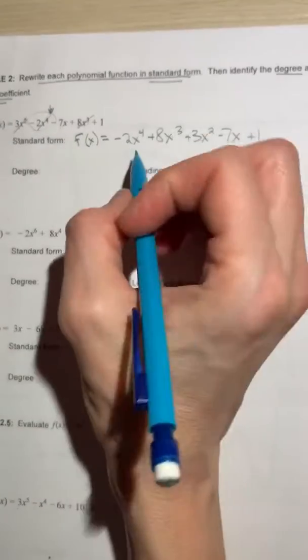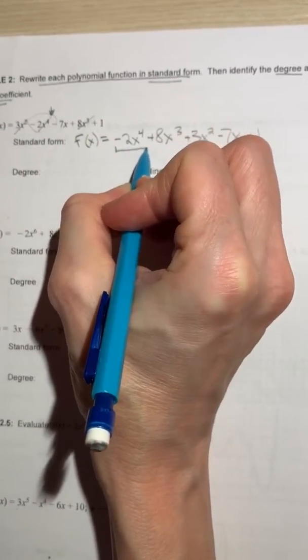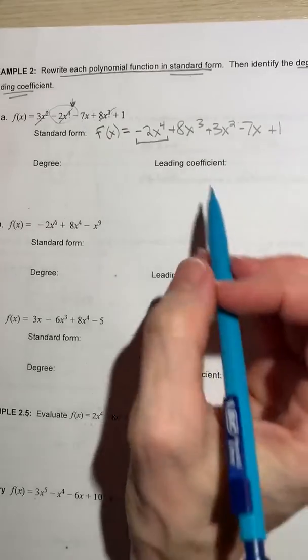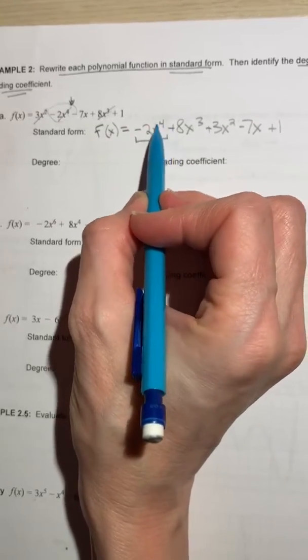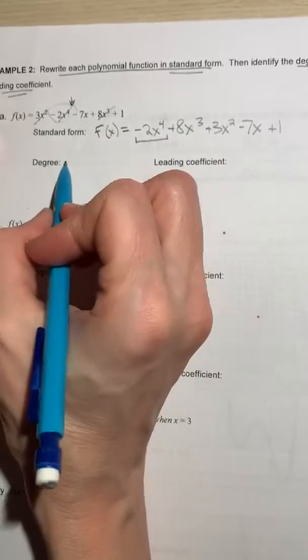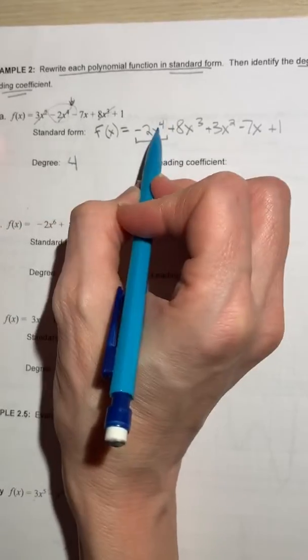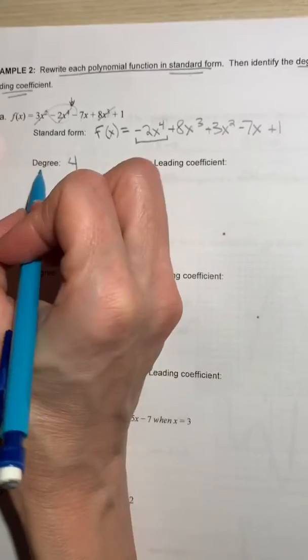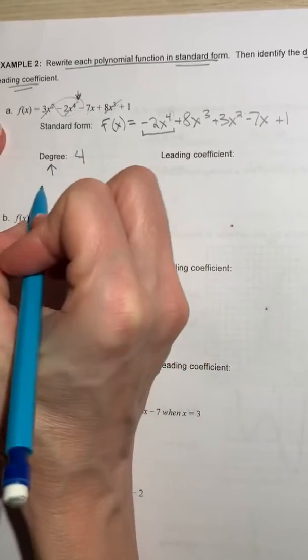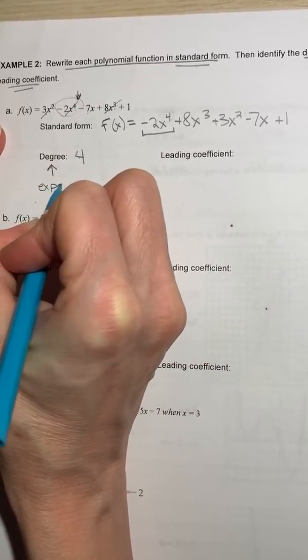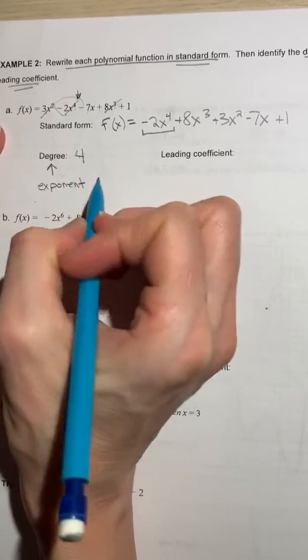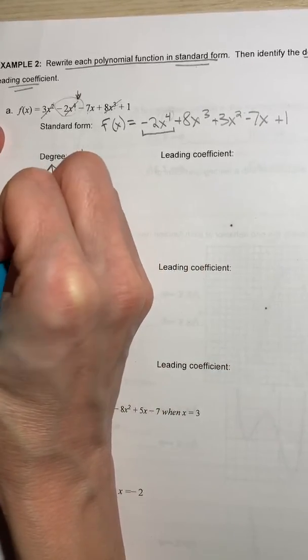Once I'm in standard form, all I have to do is look at this first term. The degree of the whole polynomial is 4. The highest degree is going to be the degree of the whole polynomial. Remind yourself that the degree is the highest exponent. I should have written highest there.